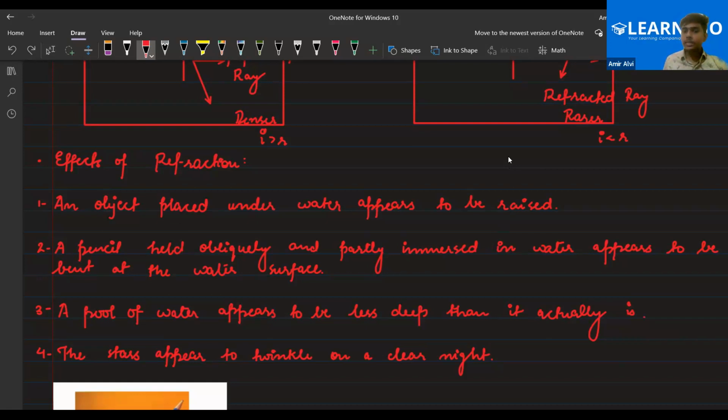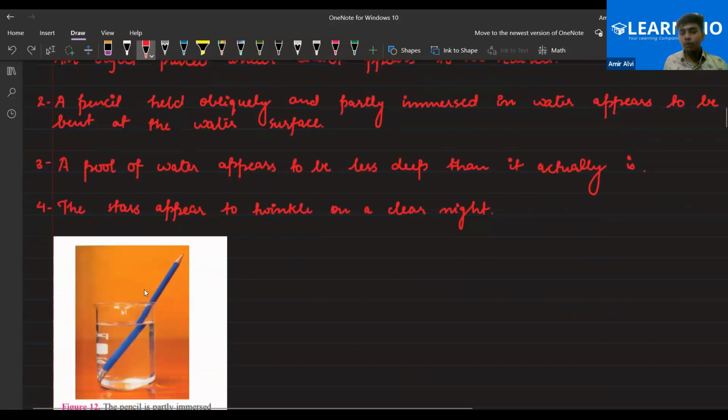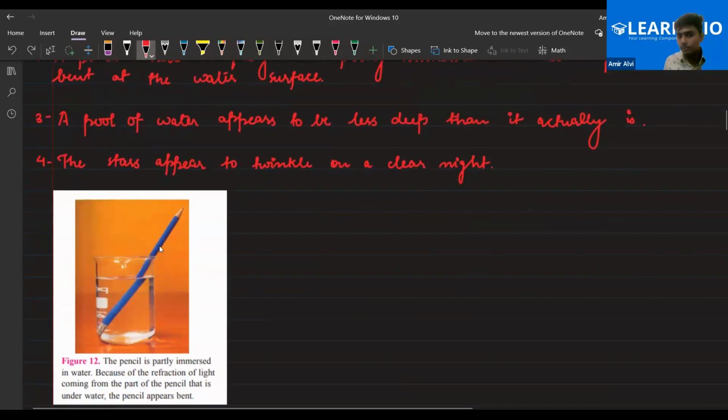Next, a pencil held obliquely and partially immersed in water appears to be bent at the water surface. As you can see in this actual example, the image should be formed straight like this, right? But due to the refraction, there is a bending of the pencil as well. Is this clear to all of you?